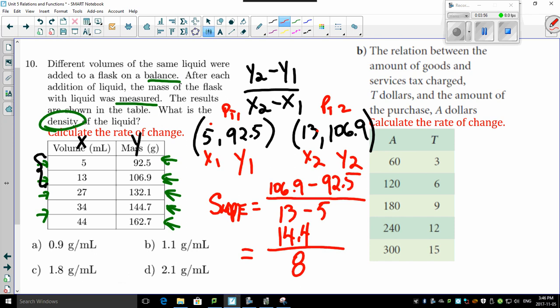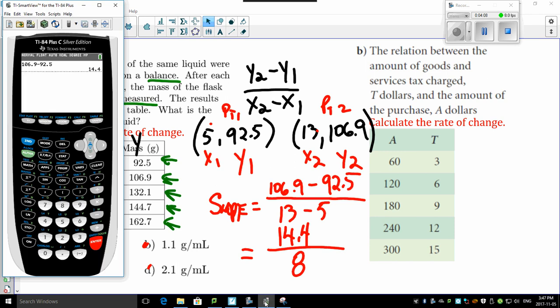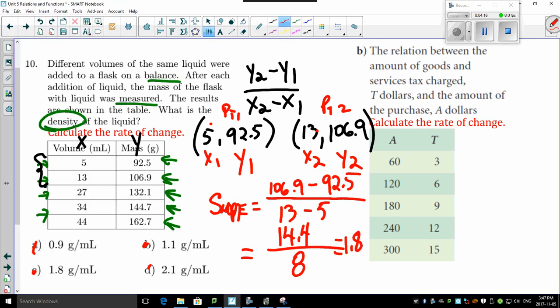But that still doesn't tell us any of these guys here because there's my A, B, C, D on my test, and I have to choose one of those. Well, we can just divide them out. There's 14.4 divided by 8, and we get 1.8. That's 1.8 grams per milliliter, and if you look, that's answer C right there.